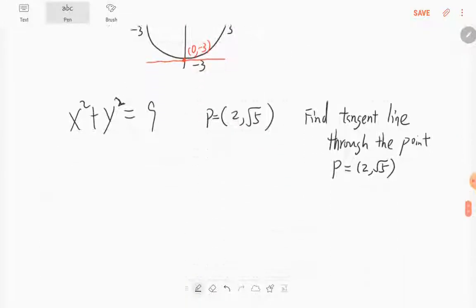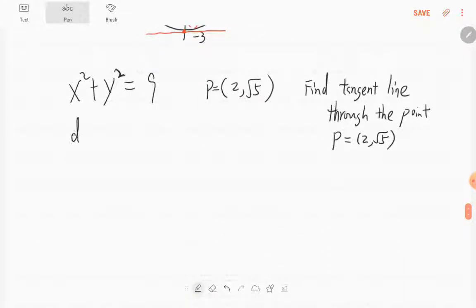So we write down here: negative x over y. Okay, so this is the slope of the tangent line at any point.